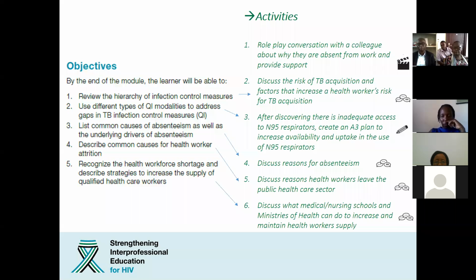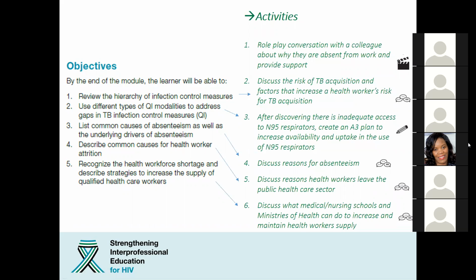After that, the module pivots to thinking about the opportunities for quality improvement around TB infection control, and specifically we propose that you, the facilitators, use a template called the A3 template to help learners think through what are the possible interventions that could be employed to reduce the risk of TB transmission amongst healthcare workers.